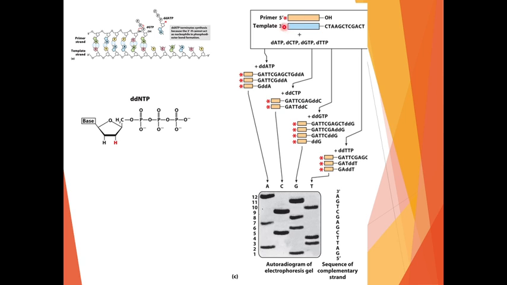And I forgot to tell you that there's a label that is incorporated, and that is tritium. That tritium molecule is radioactive. Because of that, one can follow it using an autoradiogram.